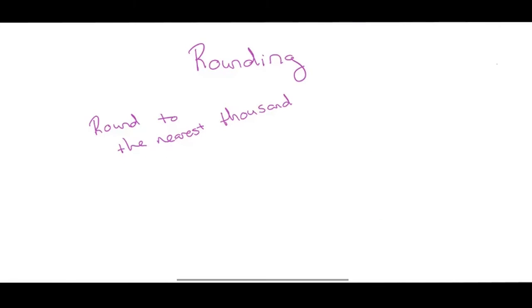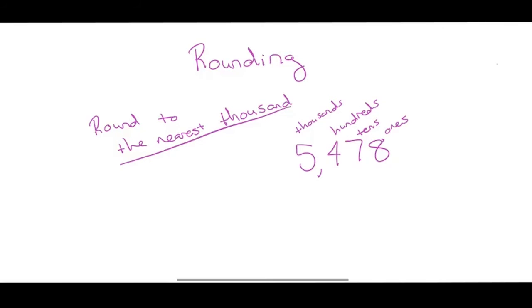All right, so let's say we're going to round to the nearest 1,000. All right, so remember 5 is in the thousands place, 4 is in the hundreds place, 7 is in the tens place, and 8 is in the ones place. Now, if I'm going to round to the nearest 1,000, I go to the thousands place, which is the 5, and I look immediately to the right and I see that it's 4.